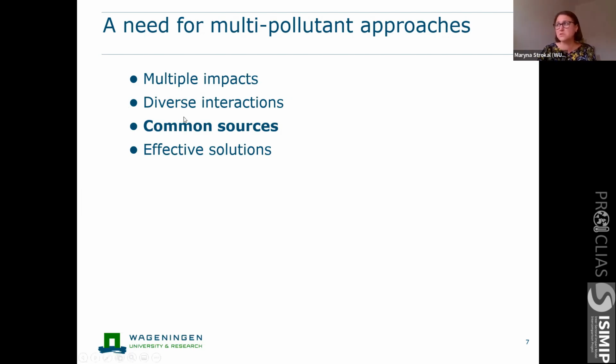Also, we need multi-pollutant approaches to understand the common sources of pollutants in water. And if we better understand these three aspects, then we can explore effective solutions and avoid different pollutants in water systems in the future.